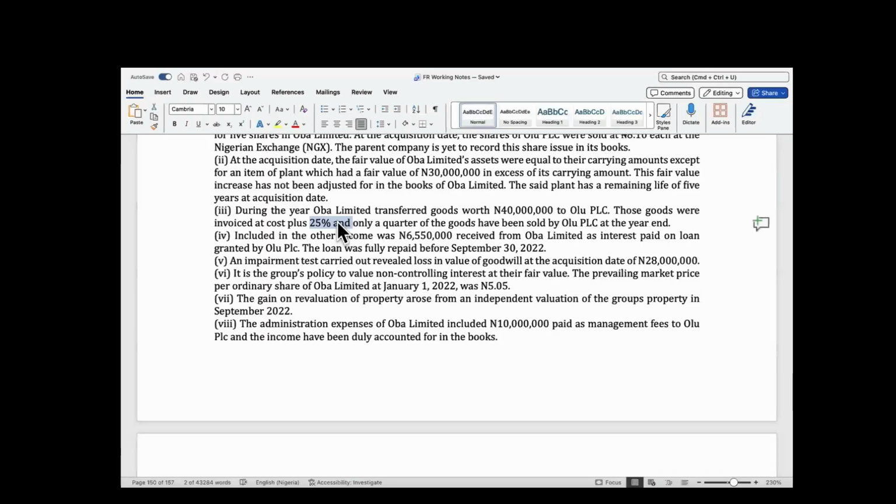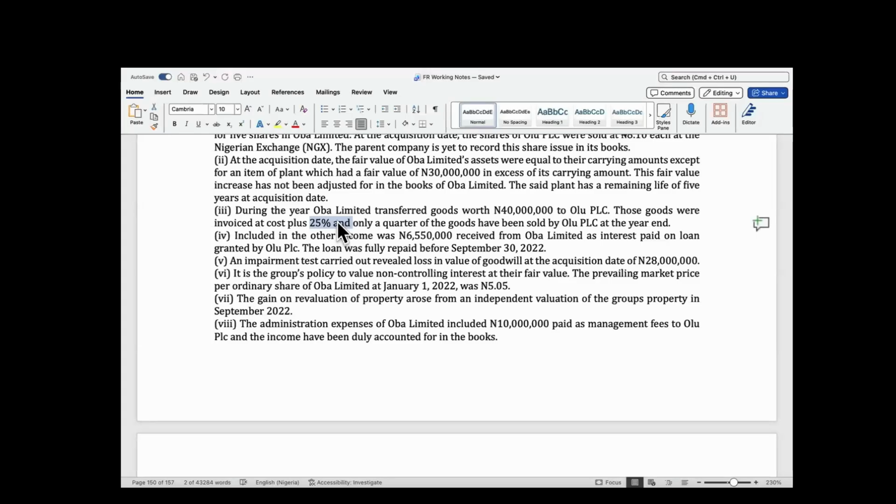Is it going to be added to the admin expenses of the parent or of the subsidiary? It depends on how NCI is measured. If NCI is measured at proportionate share, it will be added to the admin expense of the parent. If NCI is measured at fair value, it will be added to the admin expense of the subsidiary, so that both the parent and NCI will have a share of that loss.